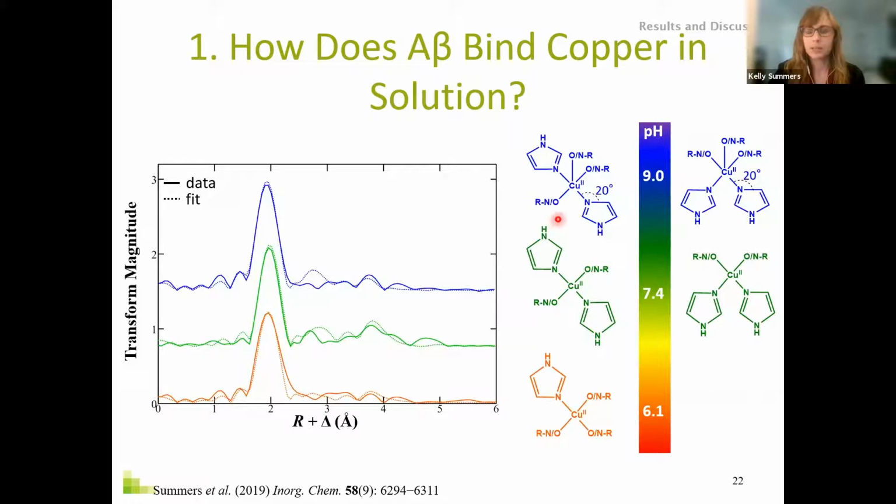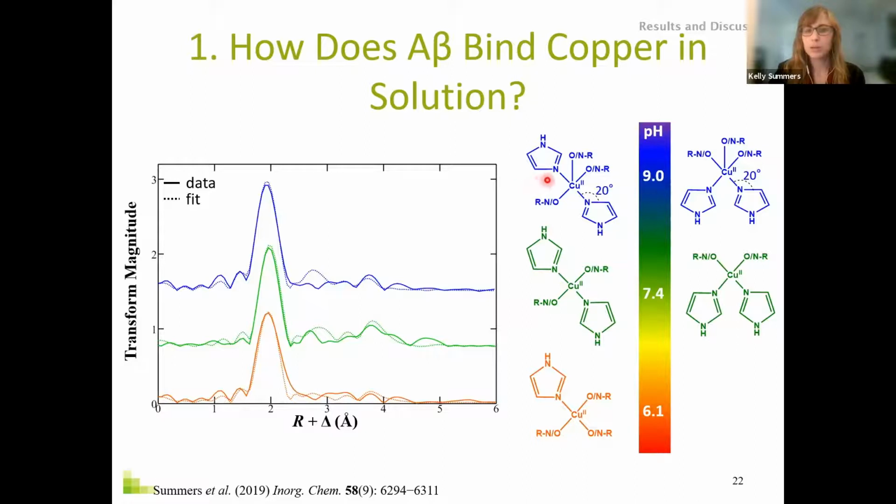The pH 9 spectrum was a little bit trickier because at first glance, looking at the intensity, it almost looks like we have about 1.5 histidines, which is entirely possible because we think that these could be a mixture. So we're fitting the average coordination environment.